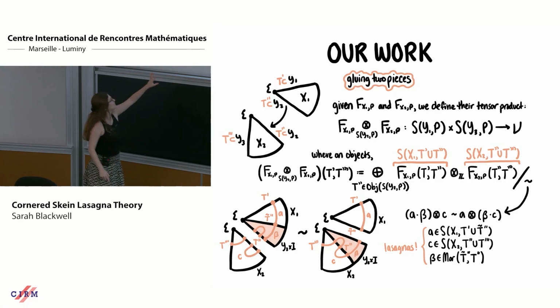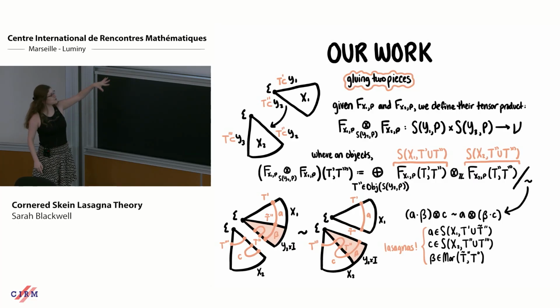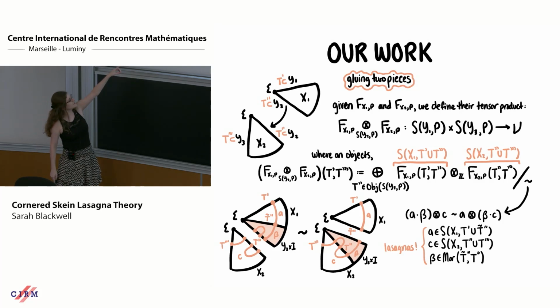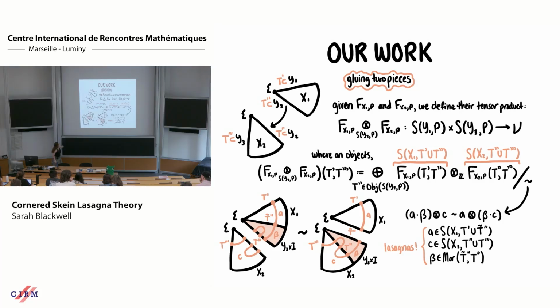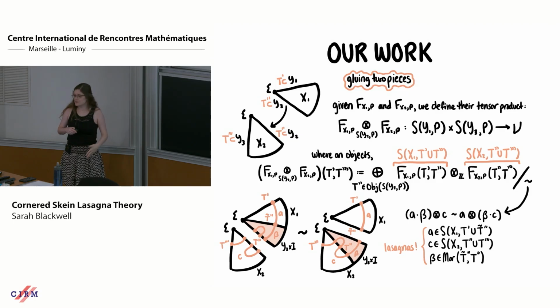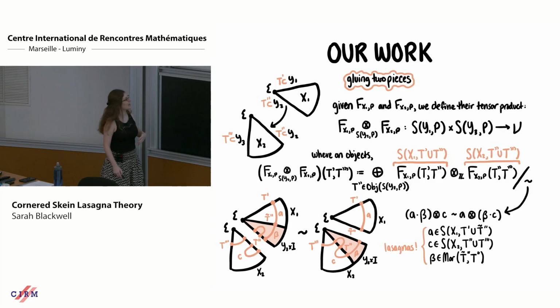That's what this shaded thing is. It's a y2 cross I. And I could have some morphism between some tangle T tilde double prime and T double prime, and I could stick that on to x1, or I could stick it on to x2. But the point is that once I glue, it shouldn't matter which one I did. So we need to add in some relation to account for this.